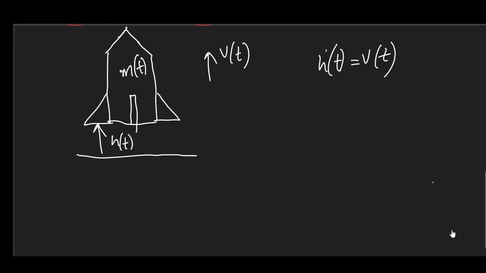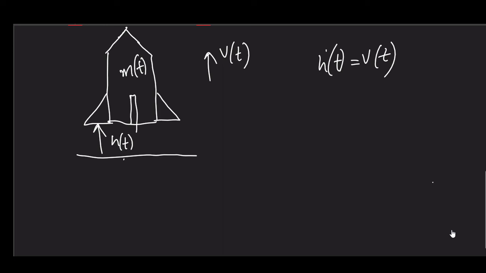Both are 0, as the rocket initially was on the ground or on the launching pad. Let m(t) be the mass of the rocket at a time, because the propulsive force comes from burning some of the fuel inside the rocket, so the mass is continuously going to decrease.